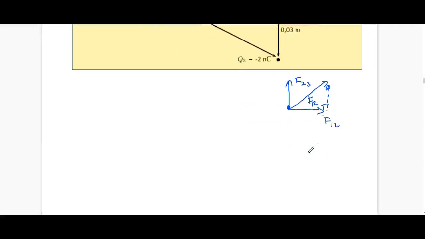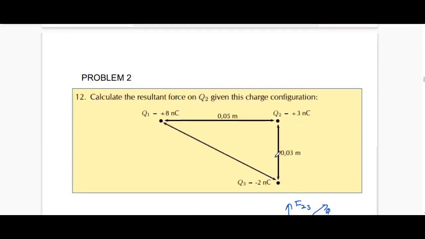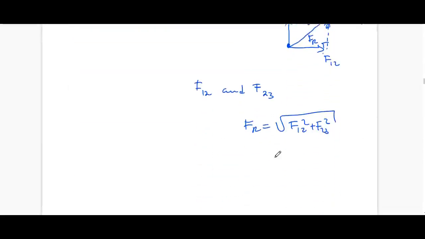If you can calculate the magnitude of F12 and also the magnitude of F23, then you say FR is equal to the square root of F12 squared plus F23 squared, and then you get FR. Okay, and that is your answer.